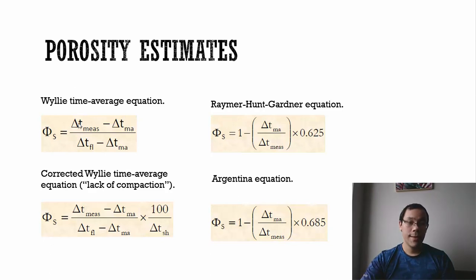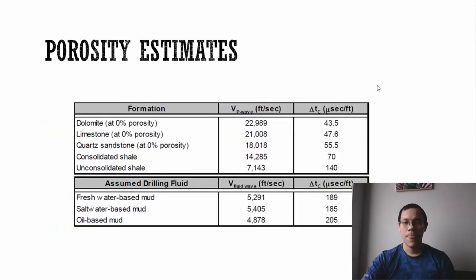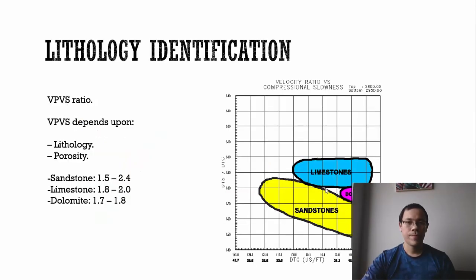So our delta T will be this value, the delta T measured, and the delta T for matrix and fluid in the borehole will be assumed and put into these equations. The Wyllie time average is the most famous one, and these are the values for the assumed matrix. In this case, dolomite will be 43.5, then limestone, sandstone, and this is for fluids.